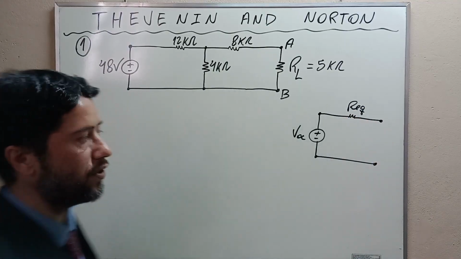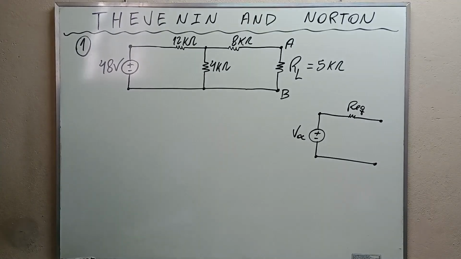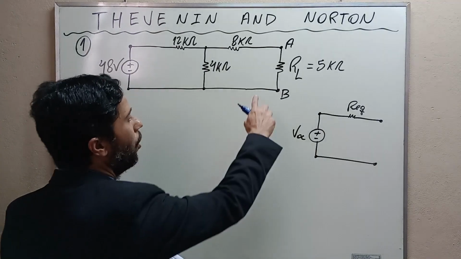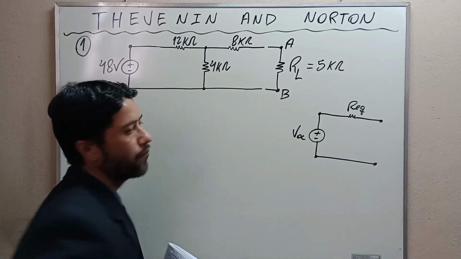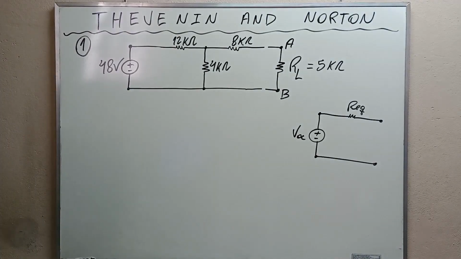This is the equivalent resistance. Firstly, we're going to calculate the open circuit voltage. How can we calculate the open circuit voltage? We simply open here the circuit at the load. Alright? This is what we're going to do.